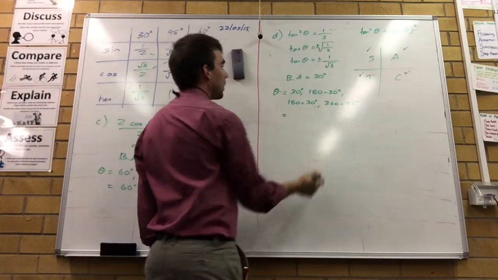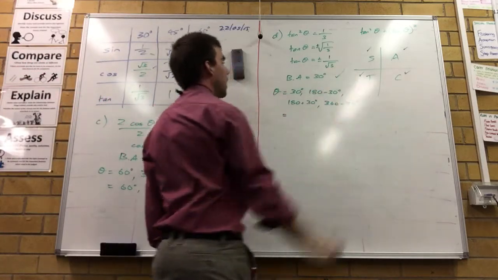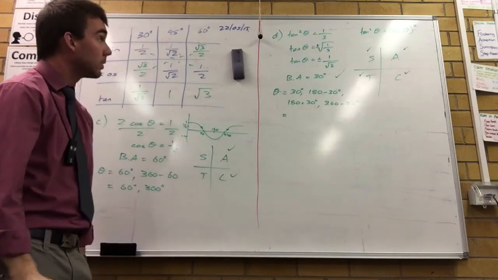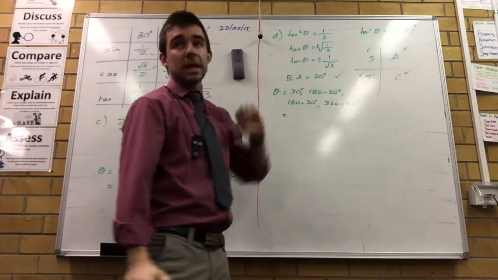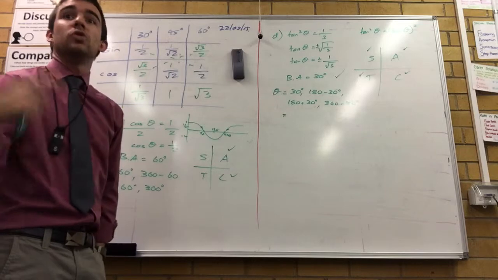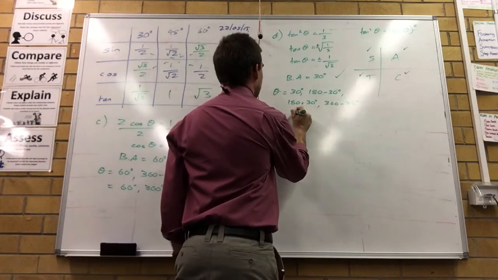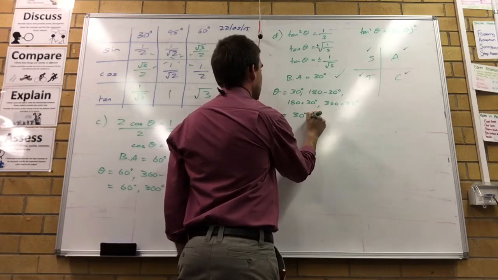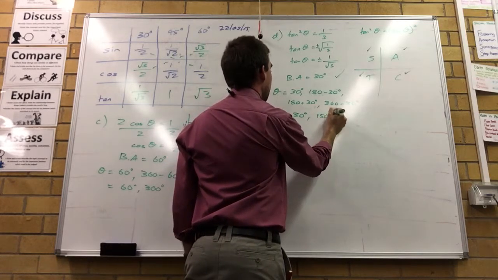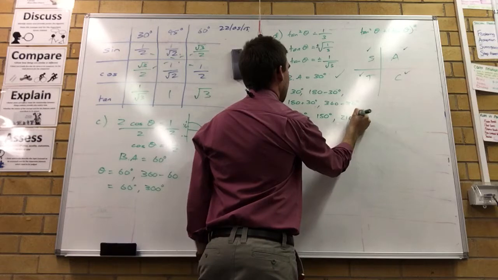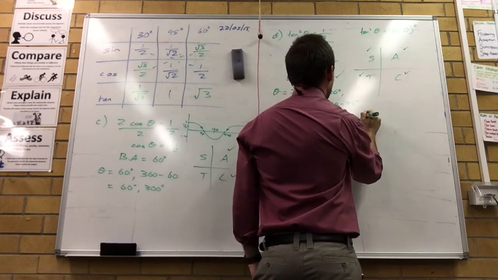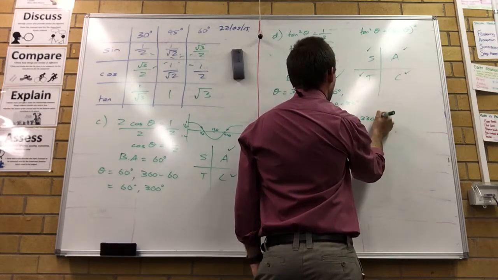Your first mark comes from identifying the basic angle, and your second mark comes from stating all the possible solutions, including it in the simplest form. 30 degrees, 150 degrees, 210 degrees, and 330 degrees.